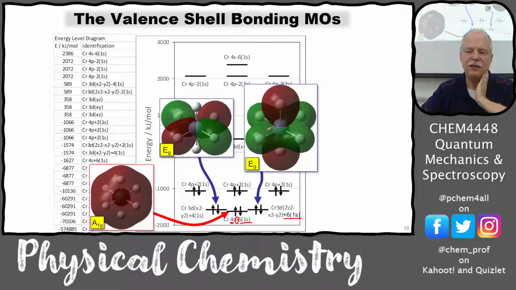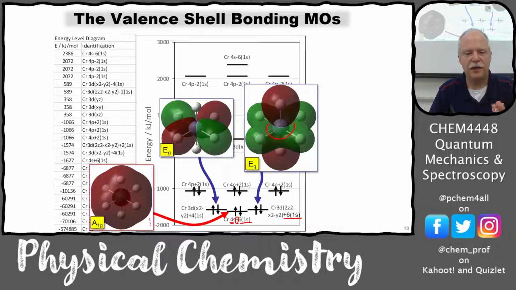Can you see how this was the little donut orbital, the d orbital with the donut in the middle, the toroid? It's in phase with those hydrogens, and so it just absorbs them. There's no node between the hydrogen and the chromium, so this is bonding also for all 6. All 6 chromium-hydrogen bonds are strengthened by this molecular orbital because there's no node that breaks those bonds.